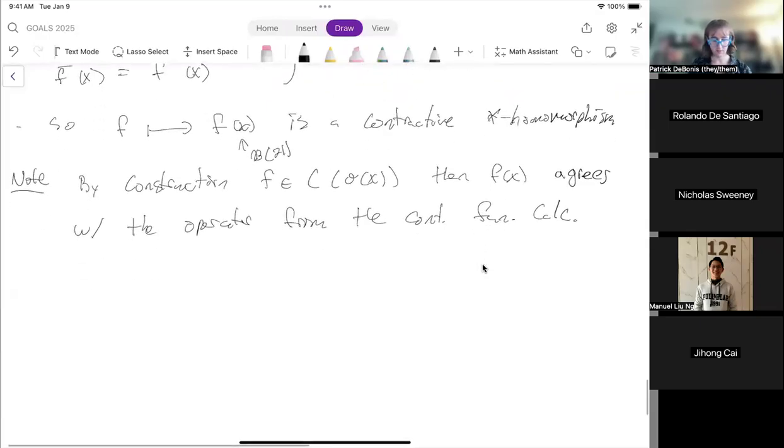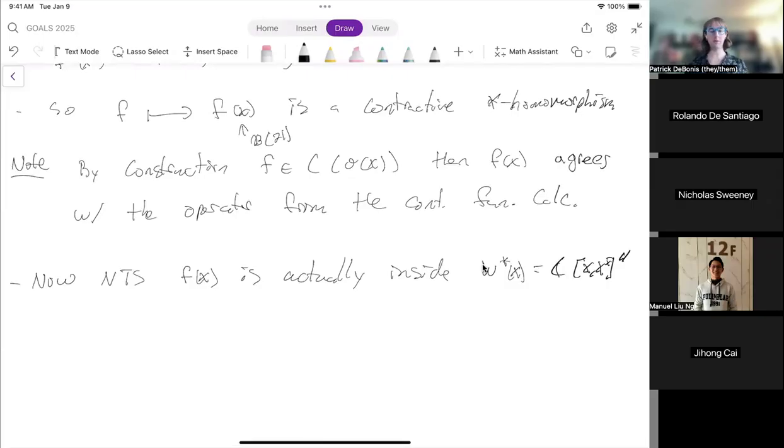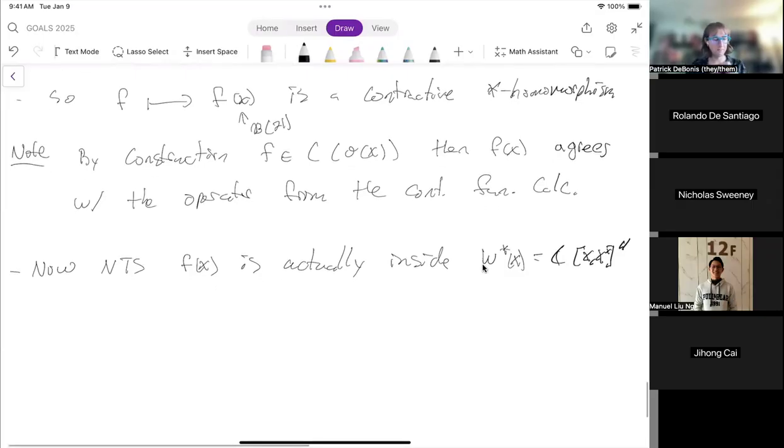So the next thing we need to do is show that f of x is actually inside the W star algebra generated by that operator. To do this, we're going to take advantage of being able to understand this as the double commutant of the polynomials in x and x star.